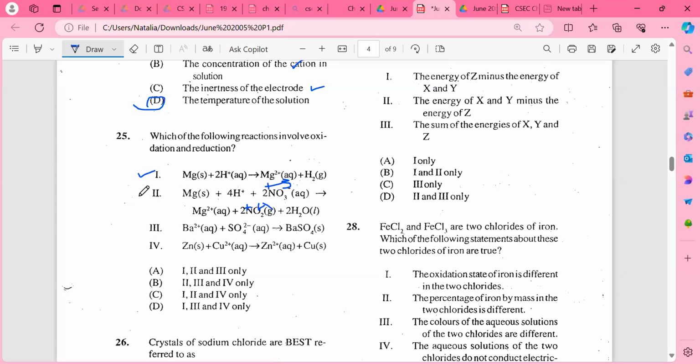So 2 as well. Barium is 2+, and over here it's 2+ as well, so this is not 1. Zinc moves from 0 to +2, oxidized. Copper is reduced because it moves from +2 to 0. So we're looking for 1, 2, and 4. So we're looking for C.